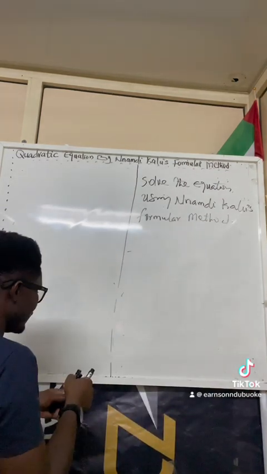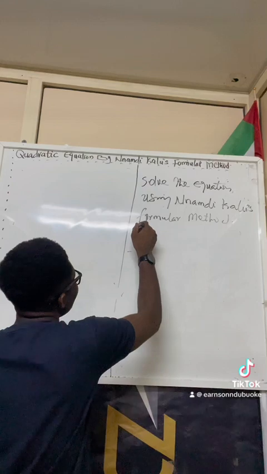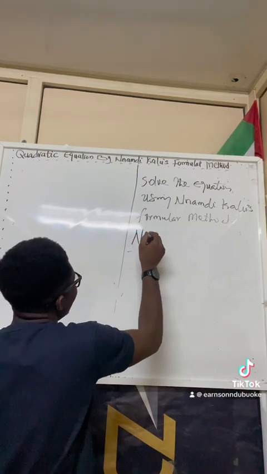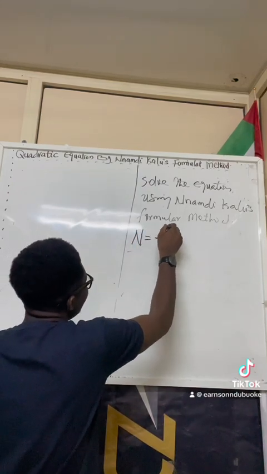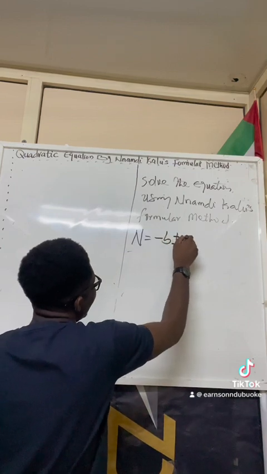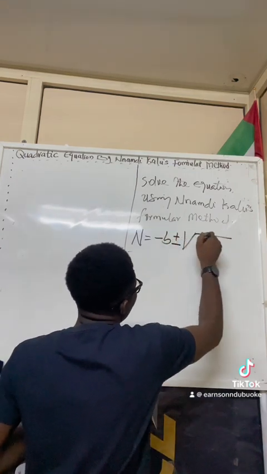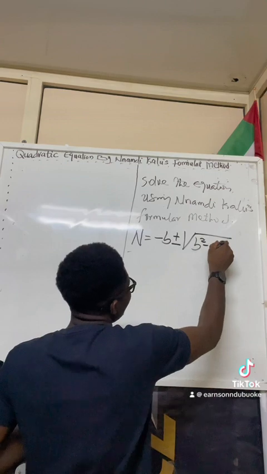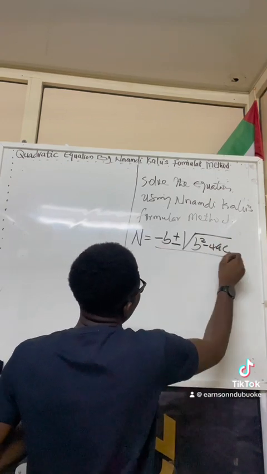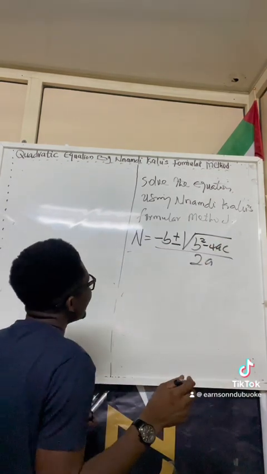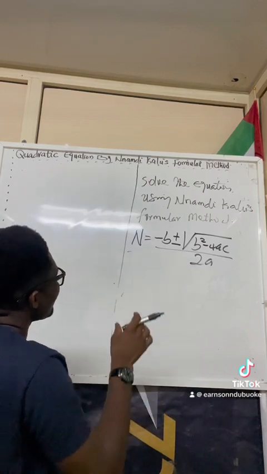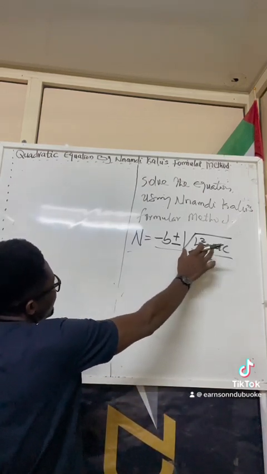So Nnamdi Kalu's formula method now is: n, which stands for Nnamdi Kalu, equals minus b plus or minus the square root of b squared minus 4ac, all over 2a, of which I have explained the meaning in my previous video.